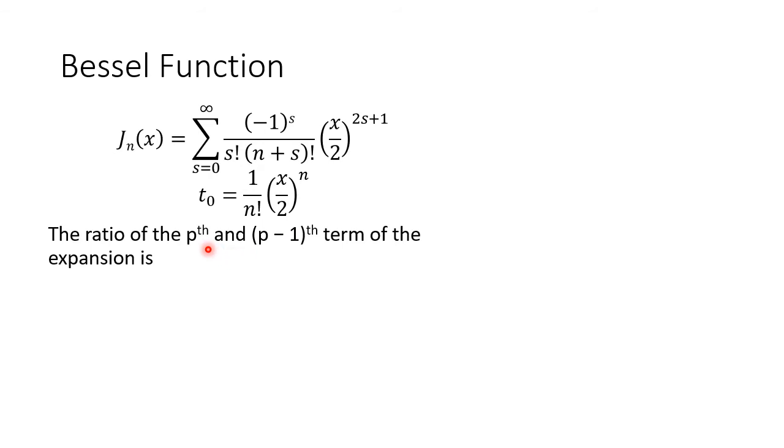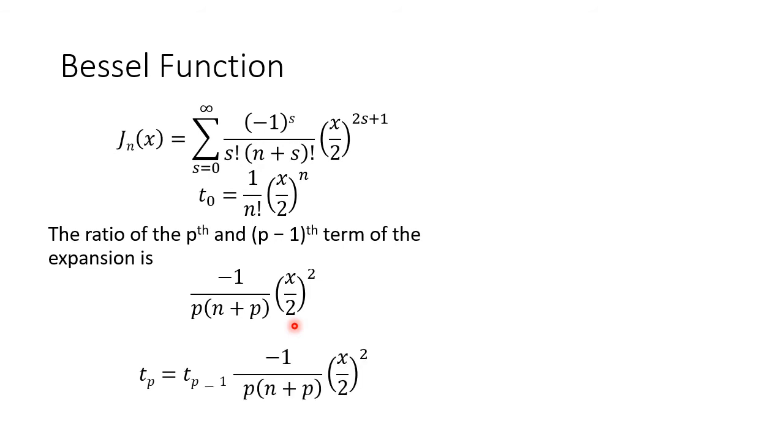So we will calculate pth term and p minus 1th term, then we take the ratio, pth term divided by p minus 1th term, and you can easily show that that will be equal to negative 1 divided by p into n plus p, into x by 2 whole square. So this really helps us to calculate the pth term.